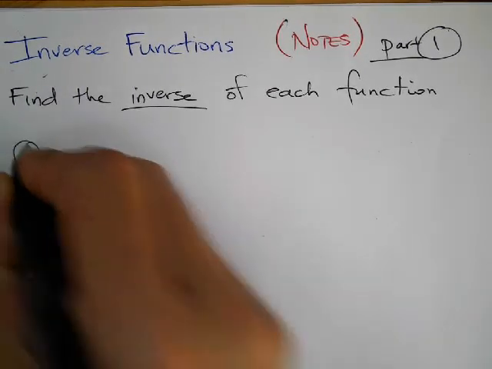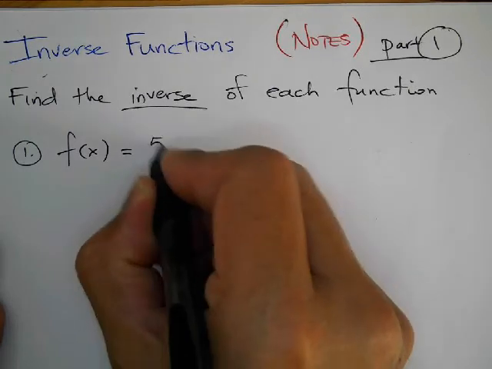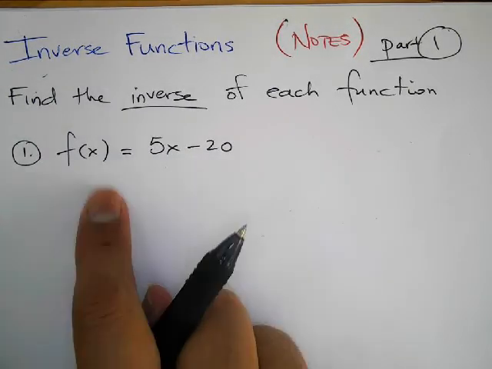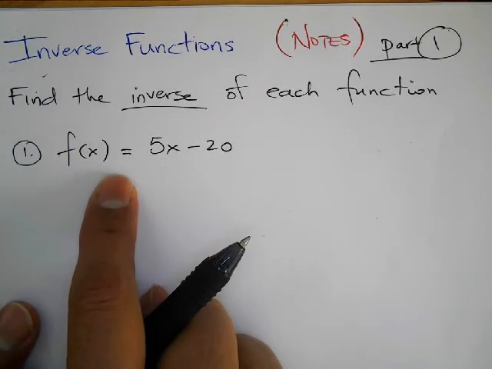So let's say number 1, f of x is equal to 5x minus 20. This is already an equation. This is already a given function. You have to find the inverse.